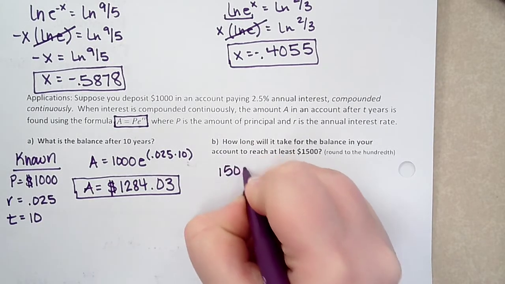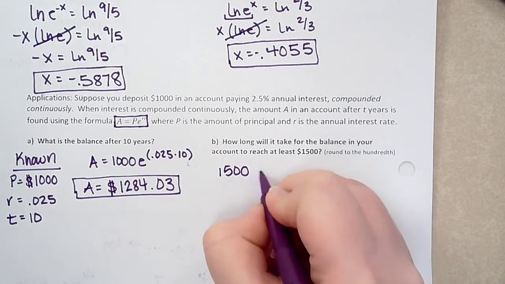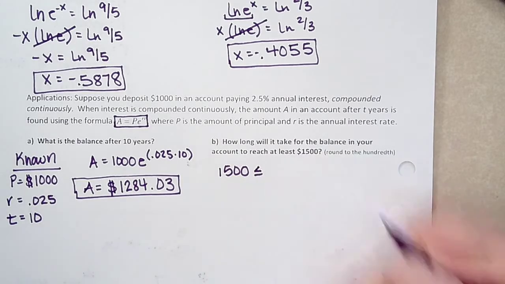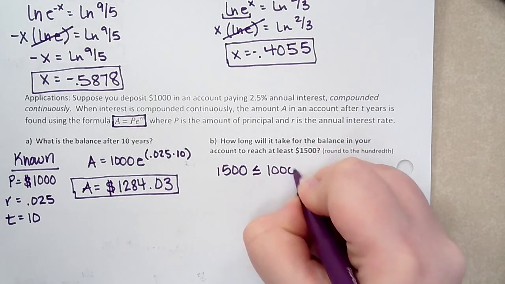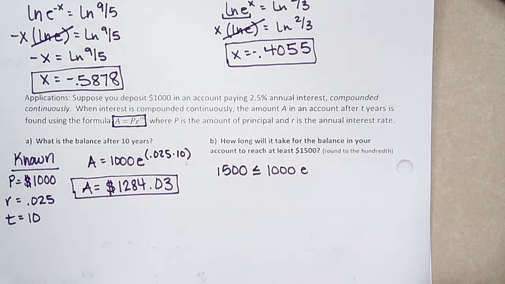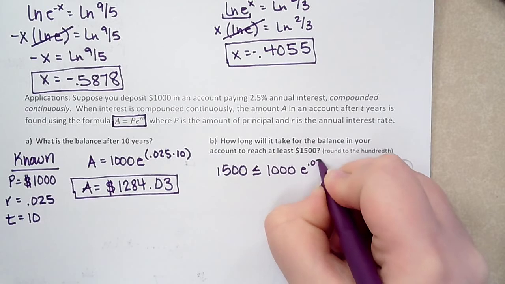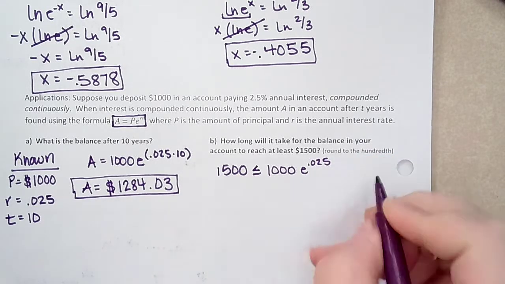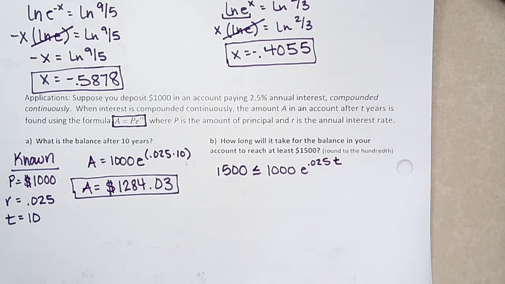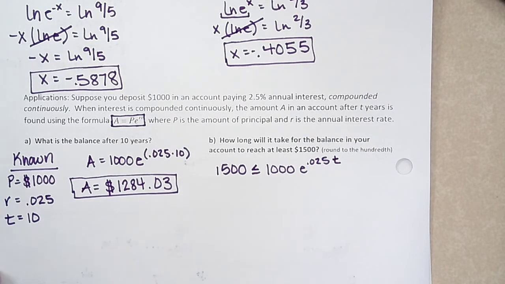So when I say my amount, I don't say equal to, I want to say greater than or equal to. And then, of course, I still start with the same principal. I still have e. My rate hasn't changed. However, this time I have the amount and not the time. So I'm going to be solving for t in this case.